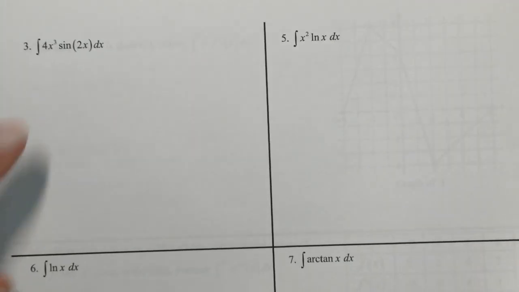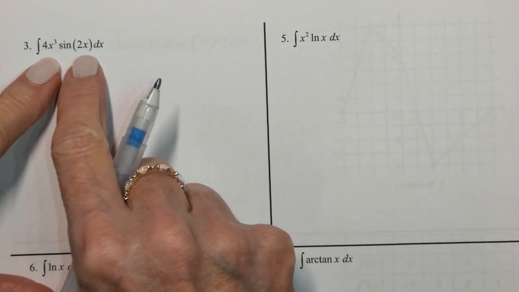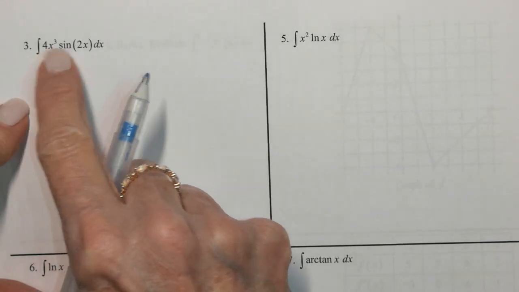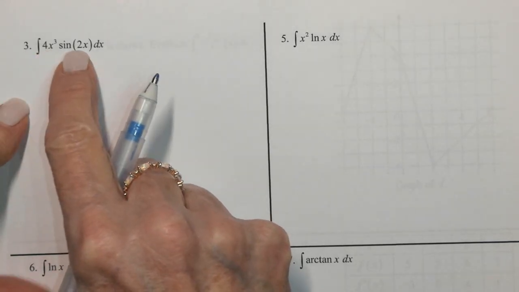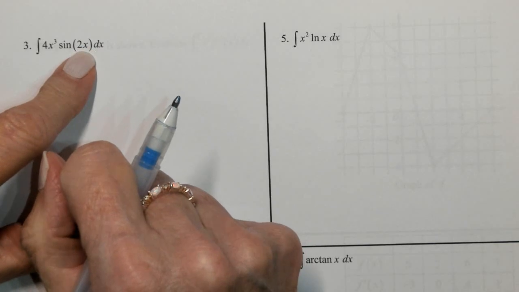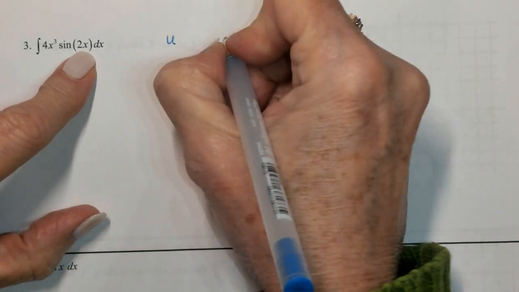All right, next up. Okay, algebraic, transcendental, the argument is linear, so by parts.